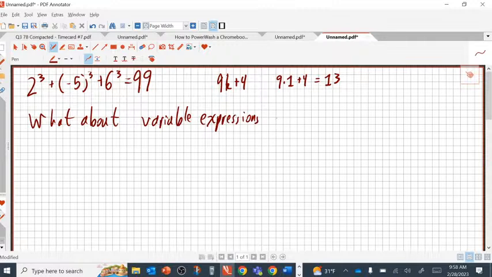With transversals and triangles. Okay. Let's see here, guys. Not this one. Not this one. Okay, here we go. All right.